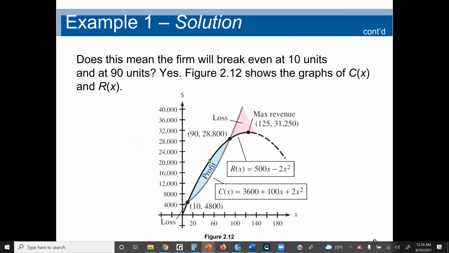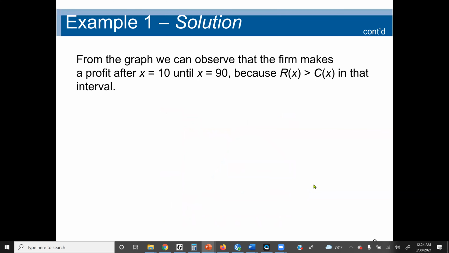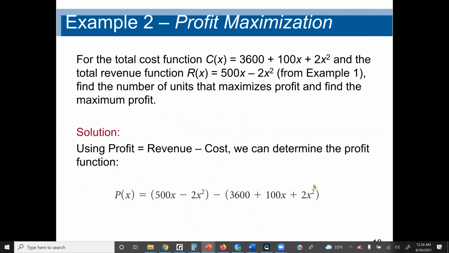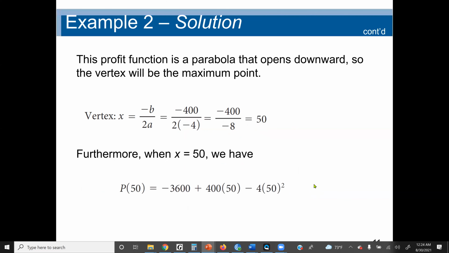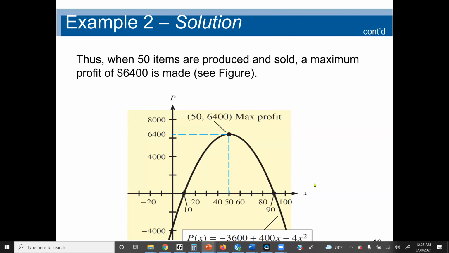There we have the C and also the R. The C opens downward, and we also have the R open upward. So again, that will give us the maximum profit.